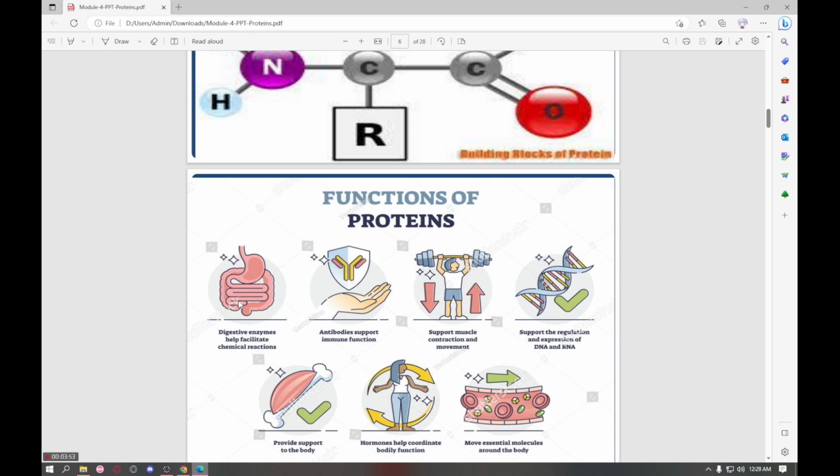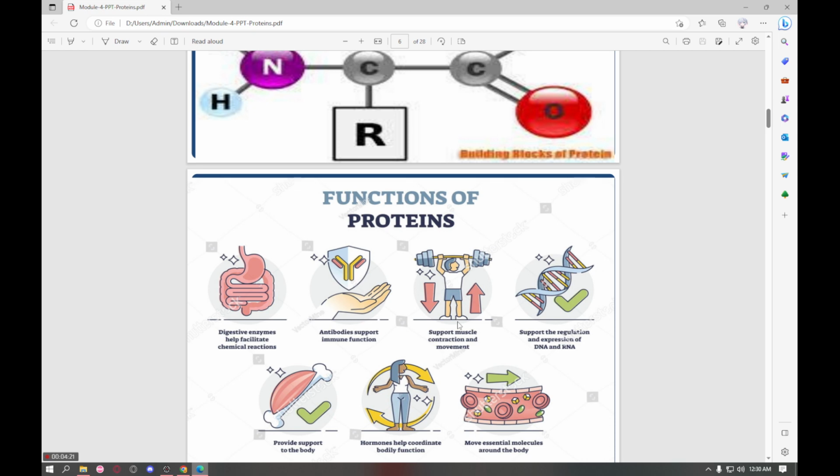When you say enzymes, they speed up reactions, or are known as catalysts. Aside from that, it also supports your antibodies, and we all know that antibodies increase our immunity or fight against infection. Another one is that your protein supports muscle contraction during our movement.